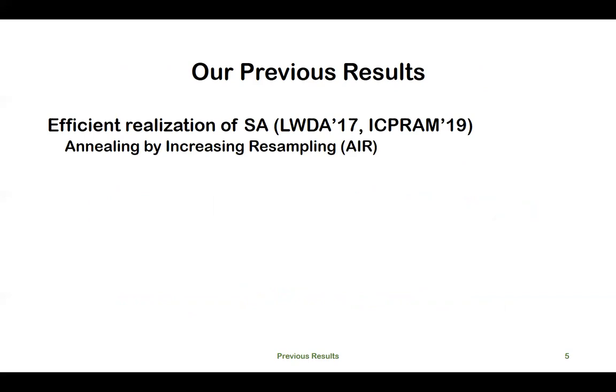Here I explain our previous achievements related to this research. Unlike local search, simulated annealing can obtain a global optimal solution, but it generally has a problem of high computational cost. In LWDA 17 and ICPRM 19, we proposed AIR as an efficient implementation method of simulated annealing.